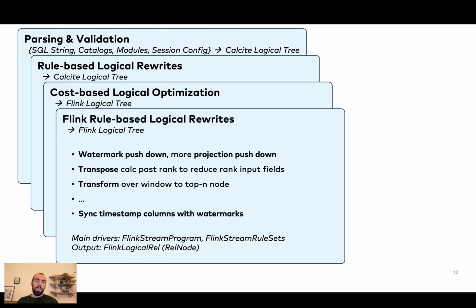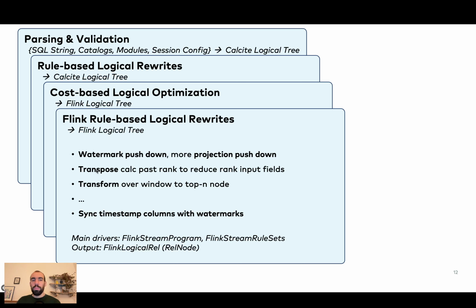So, and we continue. So now we are performing Flink rule-based logical rewrites. Flink rule-based means now we are also adding concepts that only Flink understands. For example, this is where watermark pushdown comes into play, and also more projection pushdown in combination with the watermark pushdown. Also, specific operations like a rank operator that the Flink engine added.